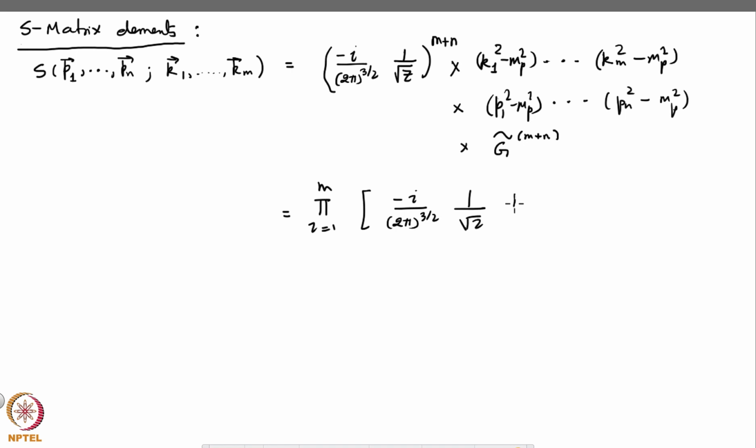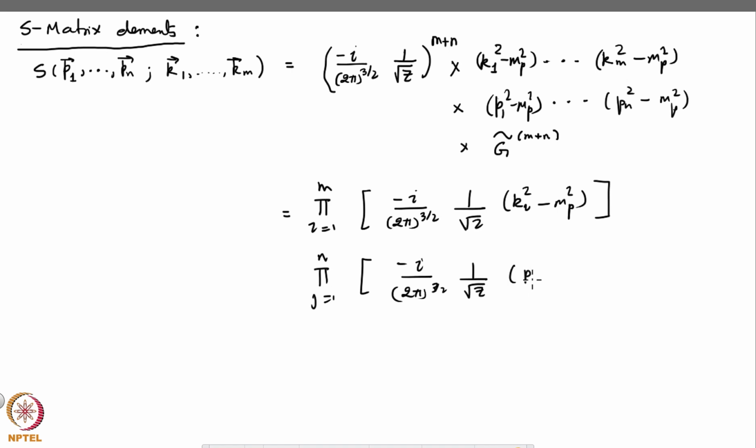I'm just writing the incoming and outgoing parts separately, distributing these factors over these products, j equal to 1 to n, times.